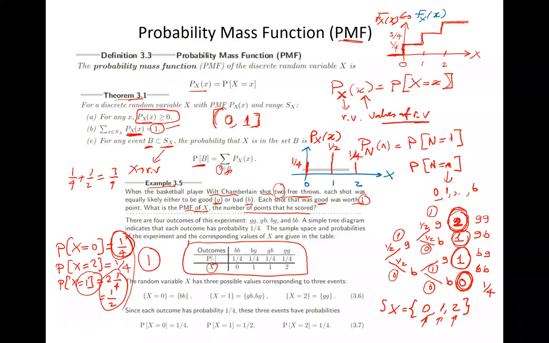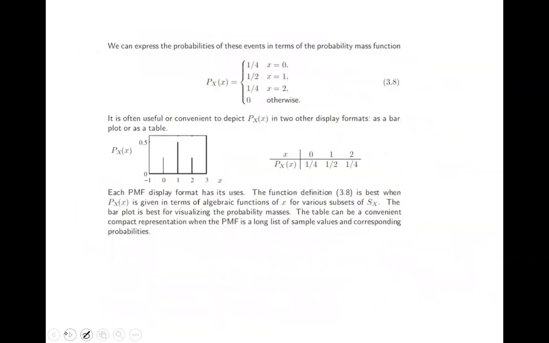Okay, so here is how we plot the PMF. And here is how we plot the CDF. You have already studied the CDF from the lecture, no? So here we derived the CDF earlier. So here we go. You see, for 0 it is 1 over 4, then 1 over 2, and 1 over 4.